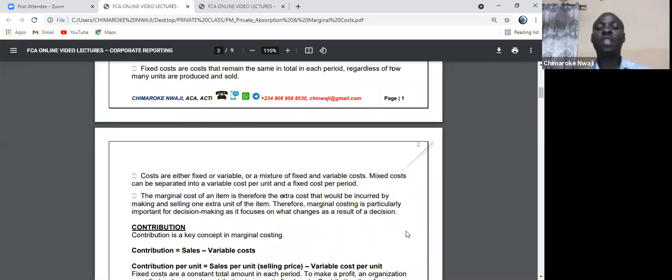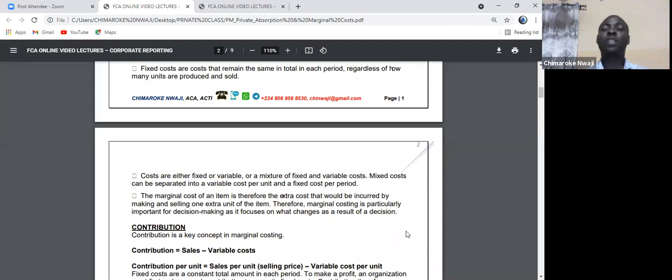Therefore, marginal costing is particularly important for decision making as it focuses on what will change as a result of a decision that you are going to take. If you used to produce 100 loaves of bread and you want to reduce it to 98, what will change?